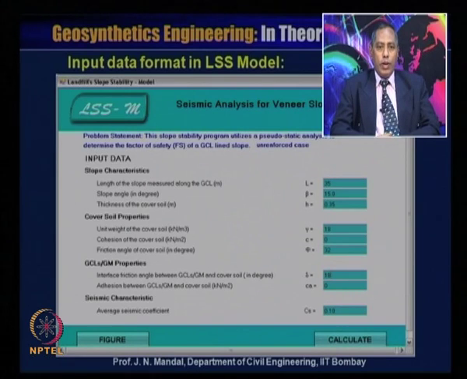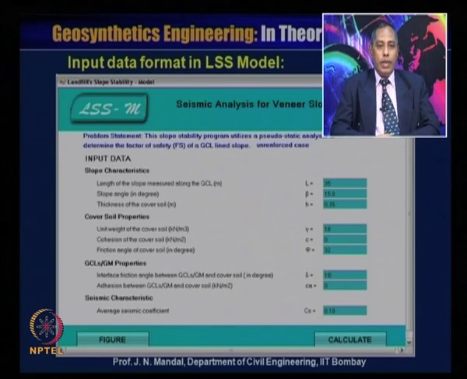Cover soil properties: the unit weight gamma is 18 kilonewton per meter cube, cohesion C is equal to 0, and friction angle phi is equal to 32 degree.